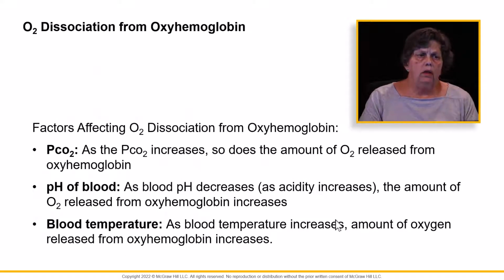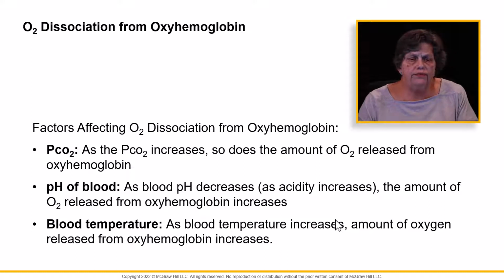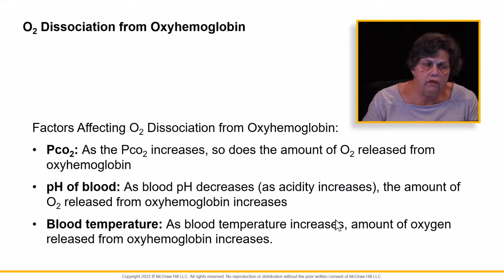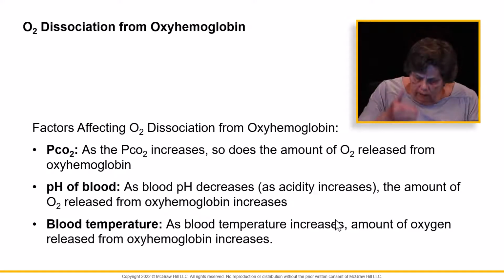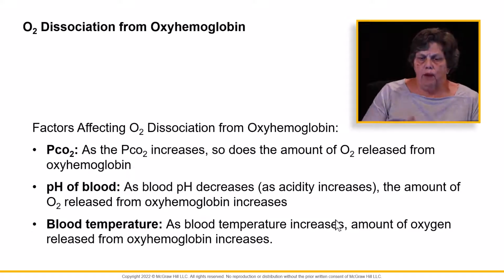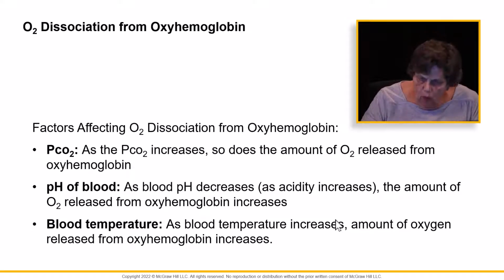Okay? All right. So the factors affecting this, the PCO2: as the PCO2 increases, the body compensates by releasing more oxygen. So the amount of oxygen that is released from the oxyhemoglobin increases. All right. So if you've got a high PCO2, we're gonna try and provide more oxygen.